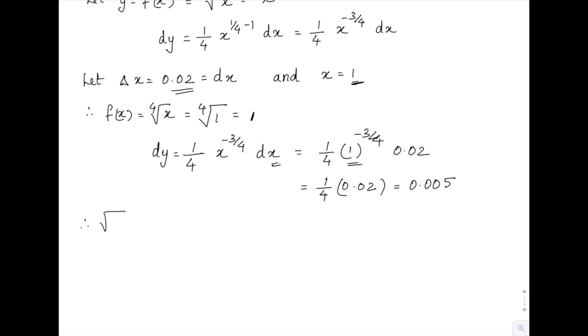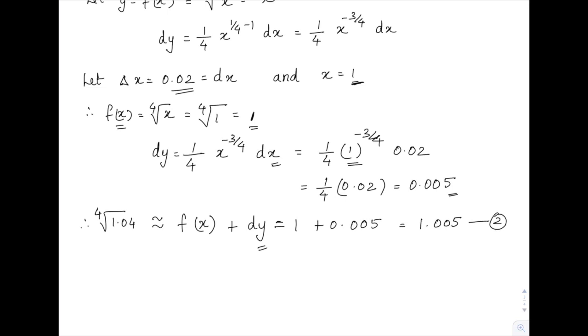Therefore fourth root of 1.02 is f of x plus dy, where f of x we know as 1, and dy is here, which is 0.005, which is equal to 1.005.